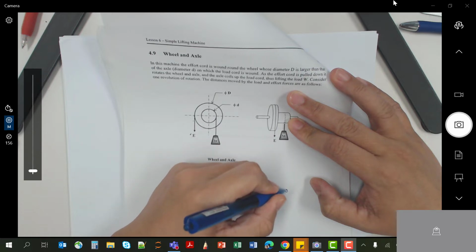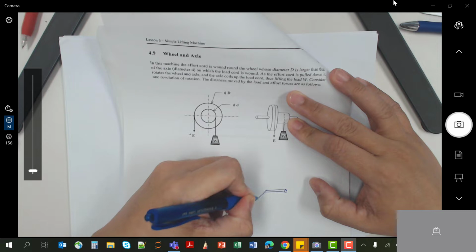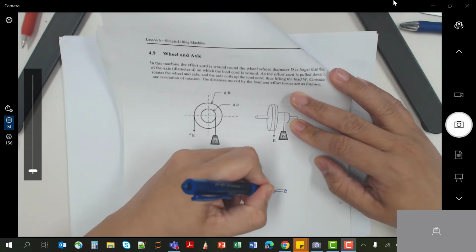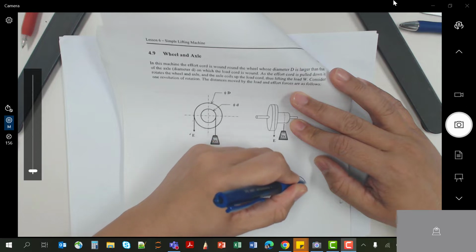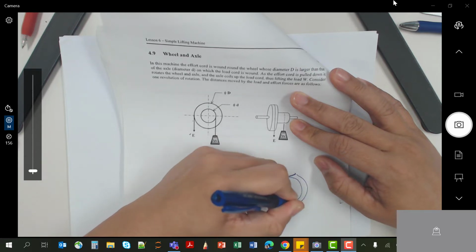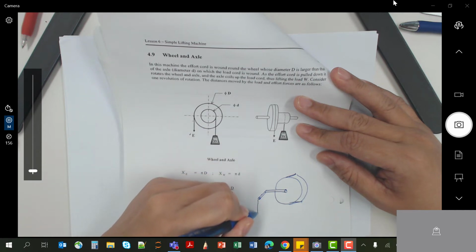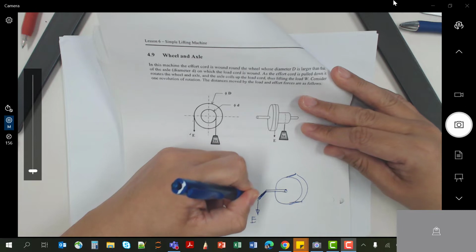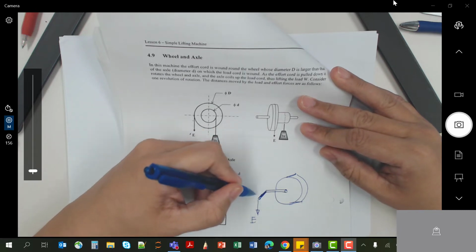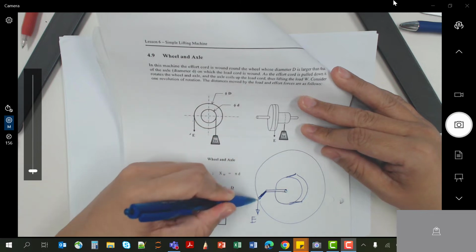For example, if I draw it this way, you have a handle like this. I'm just drawing in 3D. You have a handle like this, and you are applying the effort at this part of the handle. So when you make one turn, it looks like this, correct?